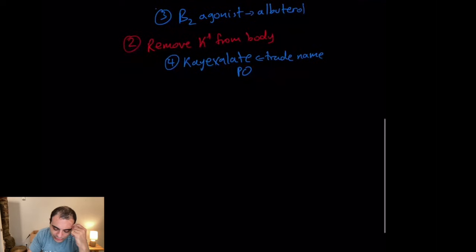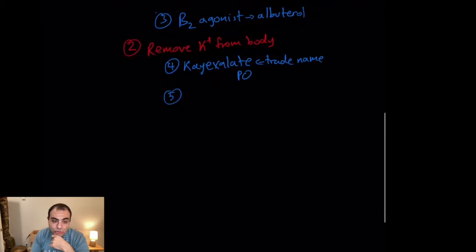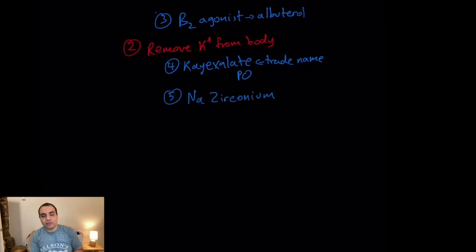There's another medication that has a similar effect to Kayexalate. Do you guys know it? It's also a chelator. It's sodium zirconium. This is another one that can be used. Some people prefer to use it, so you really want to use one of them.